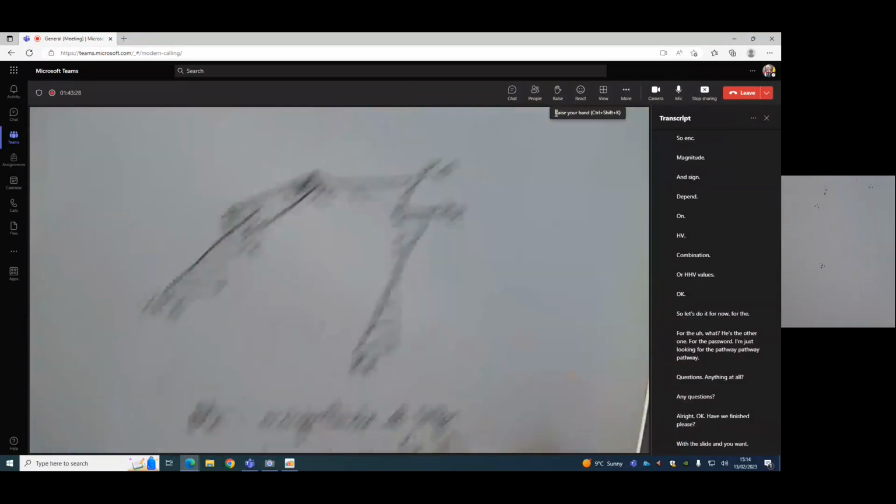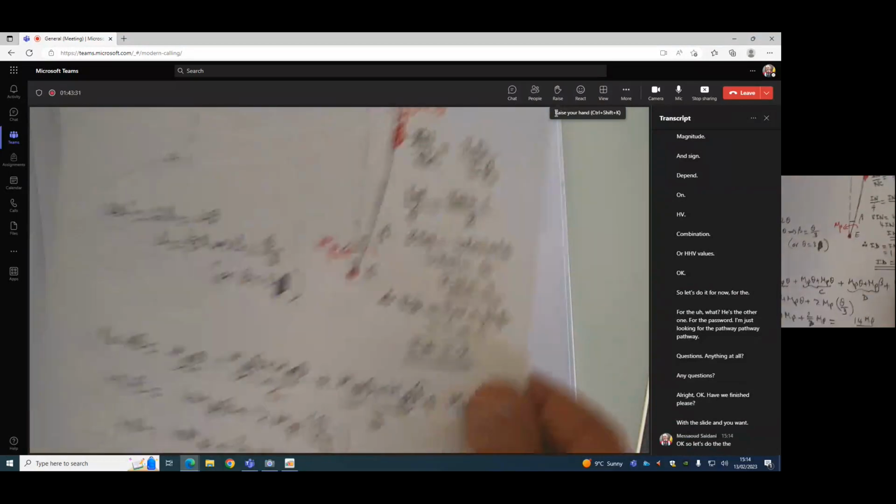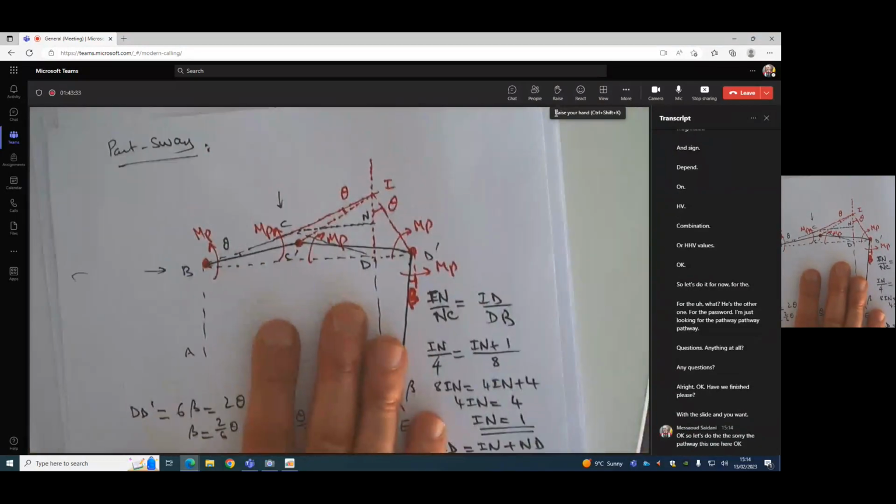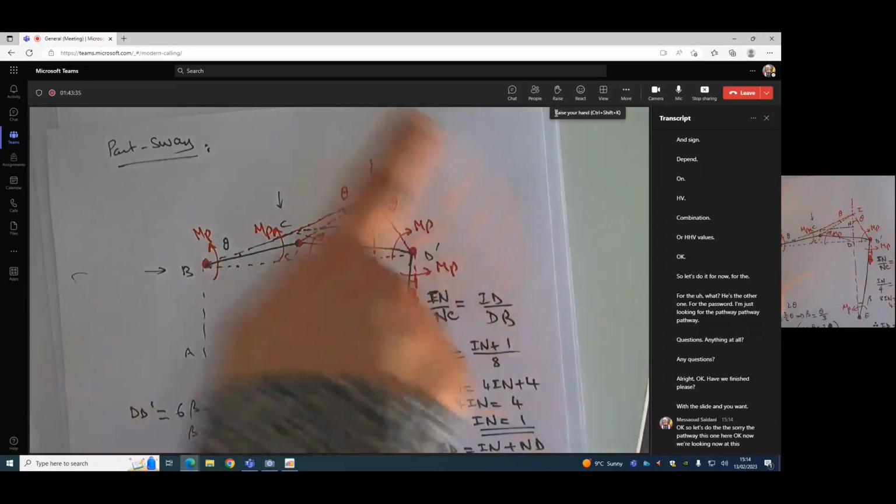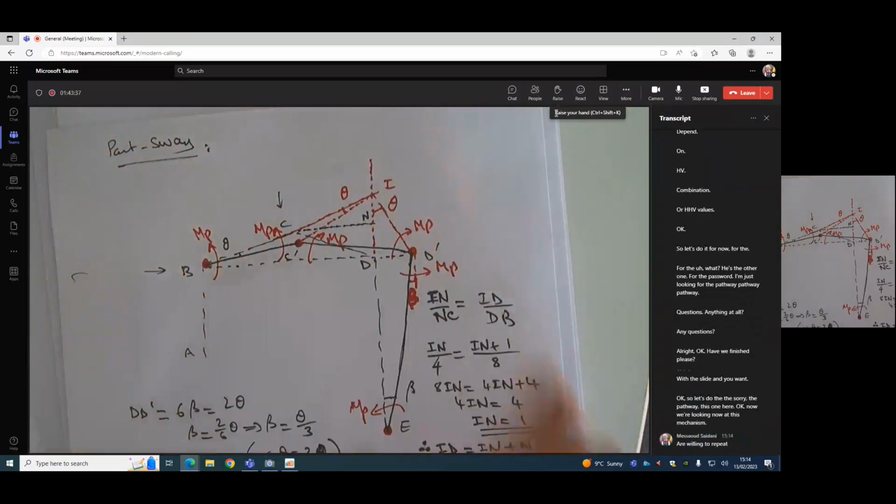Okay, so let's do the pathway, this one here. Okay, now we're looking now at this mechanism, and we're going to repeat the same thing. Okay, so pathway.